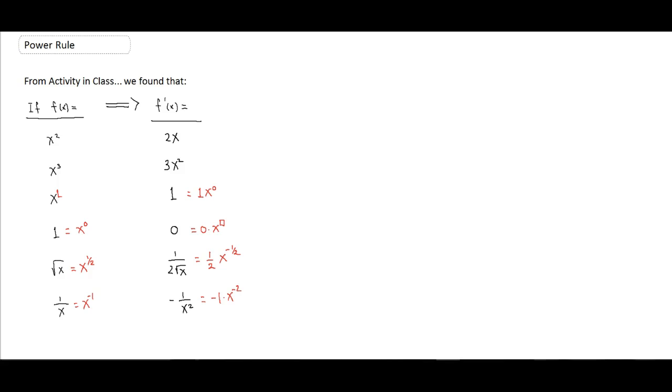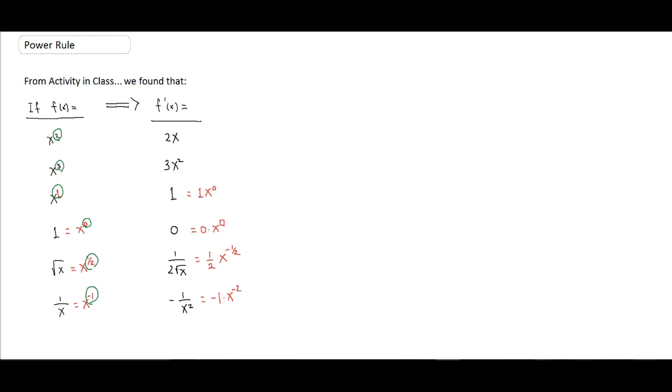So now that I wrote everything as something times x to a power, I would like you to compare the original power that I had on x and where those numbers appear in the derivative.